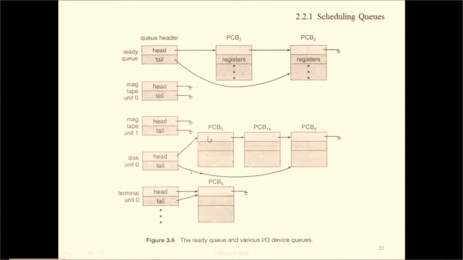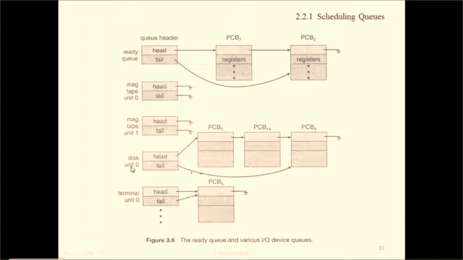Now, consider all processes which wish to do I/O with disk unit 0. Obviously, if one process is doing I/O with the hard disk, the other process has to wait until that process completes its I/O with disk unit 0. So this is the list of all processes which are waiting for access to disk unit 0.